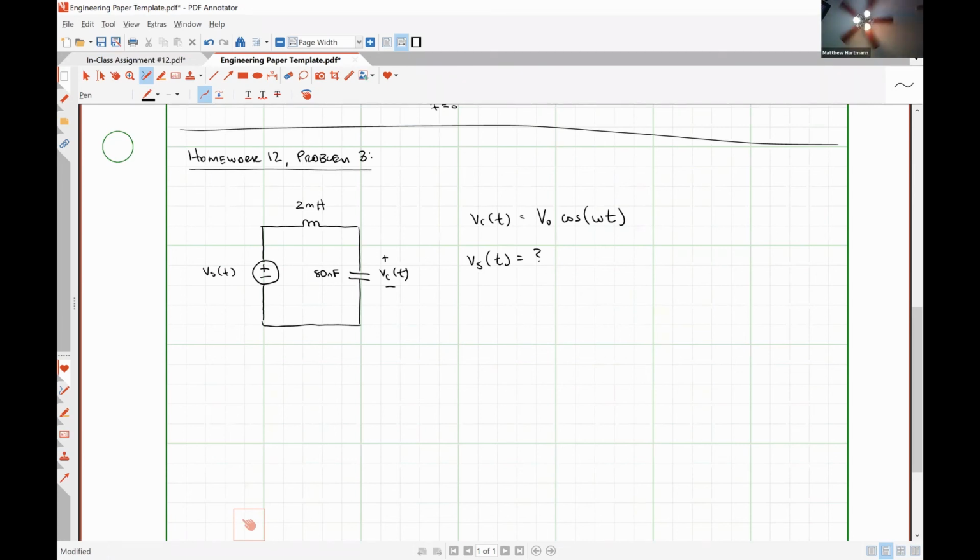KVL. Yeah, KVL. So we would apply KVL where there would be some common current, I of t, flowing around this loop, right?